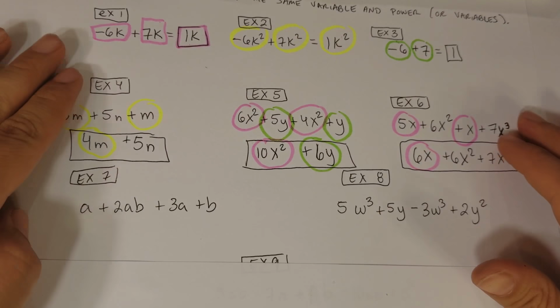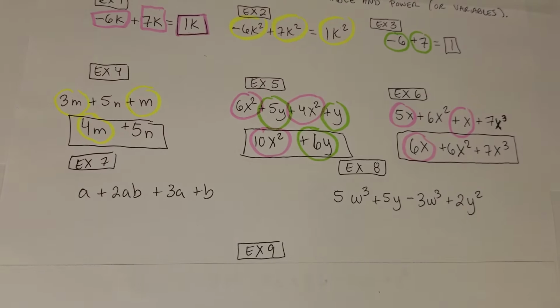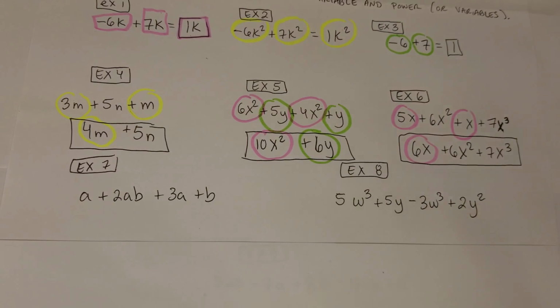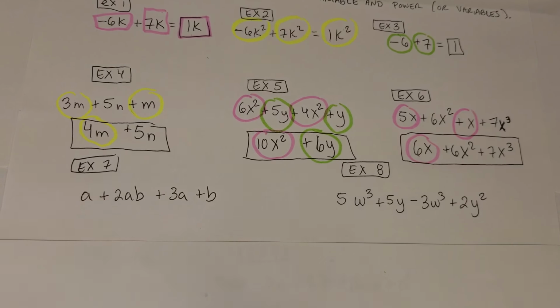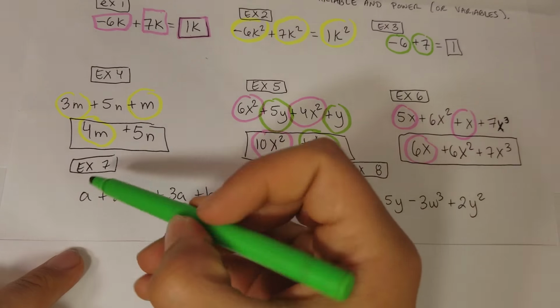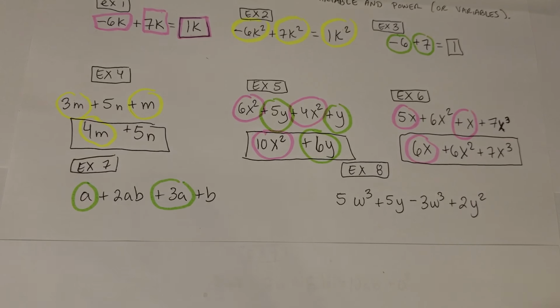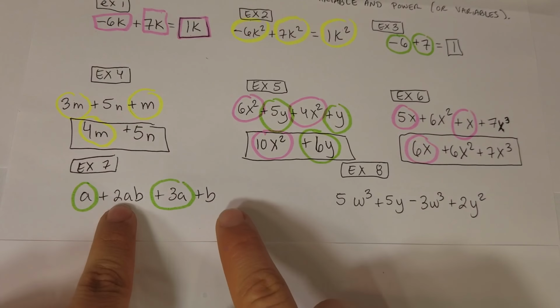Down to the last couple. So let's do a few more examples. Example number 7 and example number 8. For example number 7, we have to combine these terms. Again, for them to be like terms, they have to have the same variable or variables and the same power. So if we do example number 7, we have a that can be combined with 3a. Those two have the same exact variable. And that's it. So don't be confused because these guys have a's and b's.